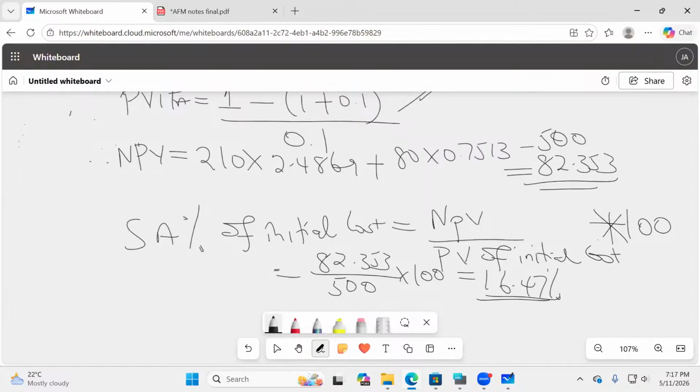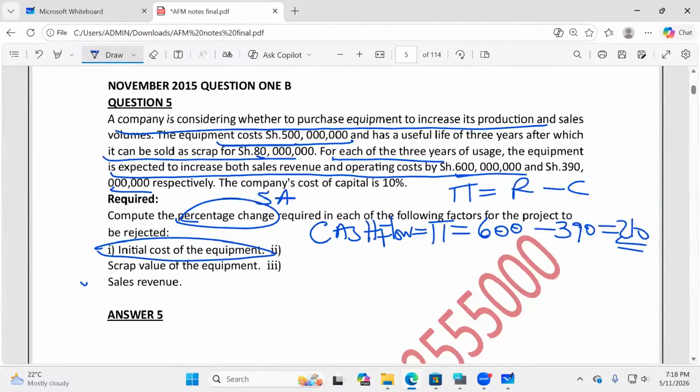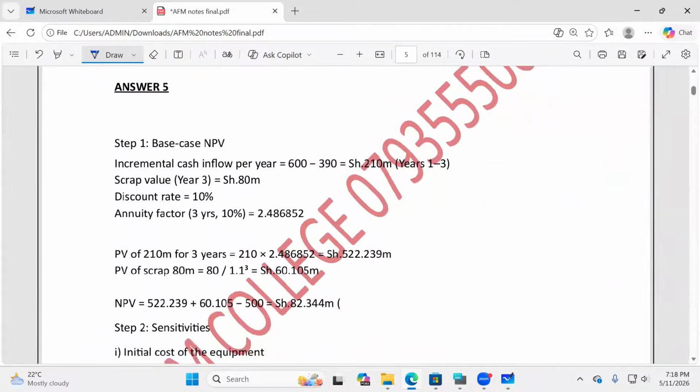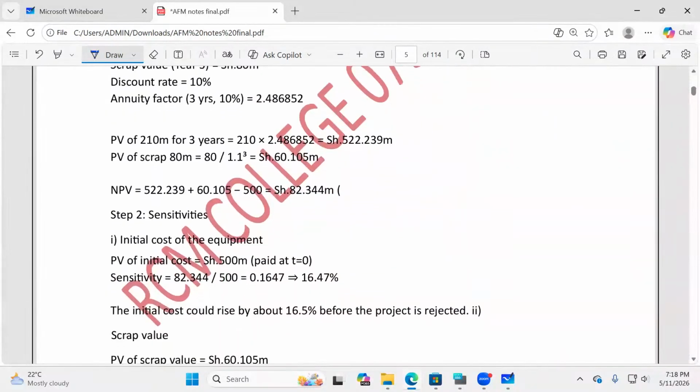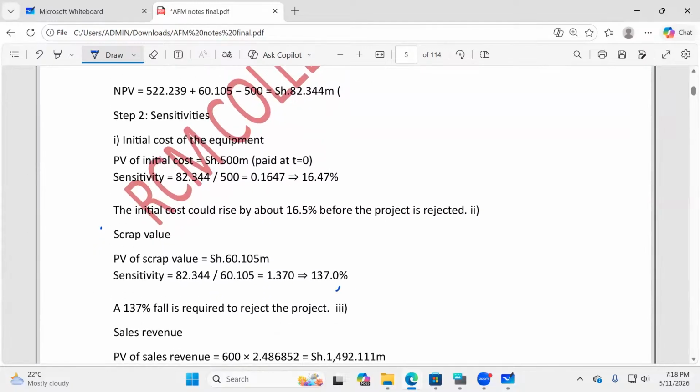The most important thing is for us to know how to calculate this. And if you look at the answer provided, these notes have got answers. So you can see, ladies and gentlemen, let me just share this so that the online students can see very well.